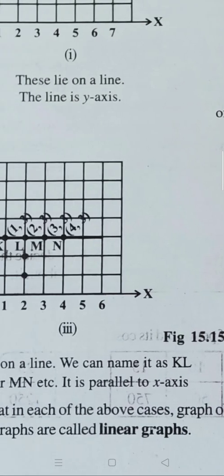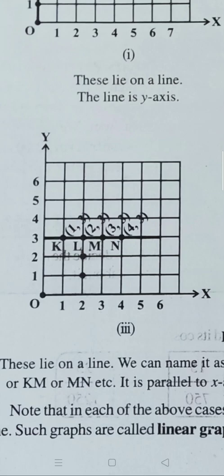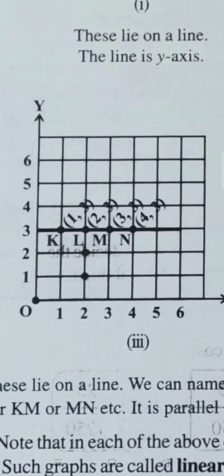Now what happens, children? Sometimes one is constant. For example, in this diagram you will find the y-axis is constant. Can you see? On the y-axis, the line is touching only on 3. So your y will remain the same everywhere.